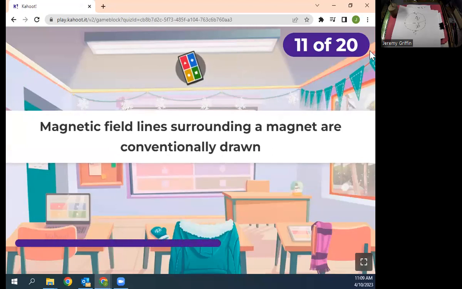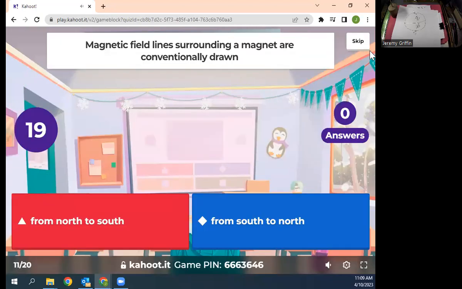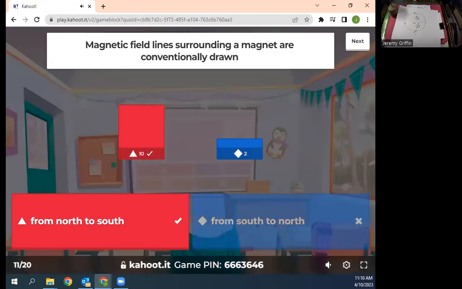Magnetic field lines surrounding a magnet are conventionally drawn north to south.